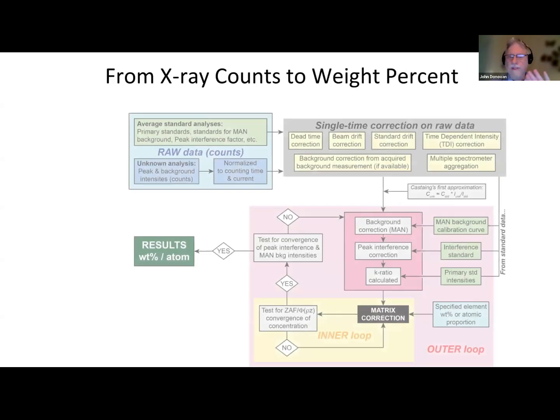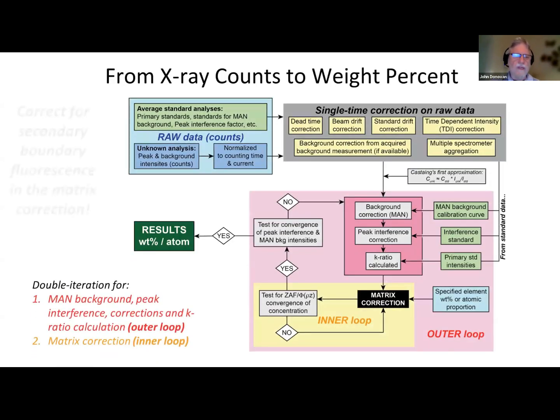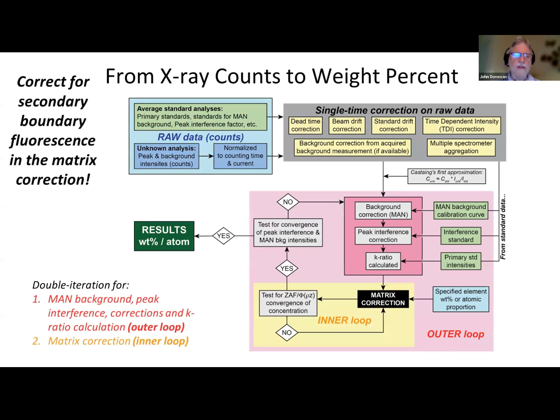Okay, so just to remind people, a lot of these corrections, including the correction for secondary boundary fluorescence, need to be included not just in the matrix correction loop, but also in the correction loop for anything that's compositionally dependent.